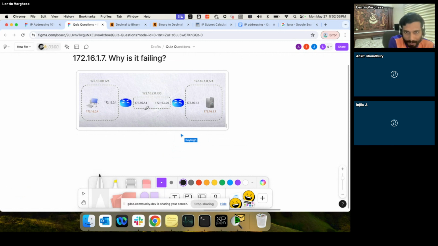So in the middle, this network has 172.168.2.0/30. Now /30 would mean we have 111, essentially 255.255.255 dot, like 6 more bits.